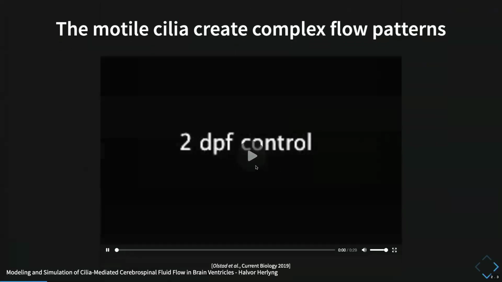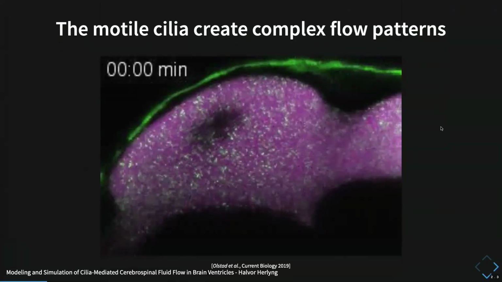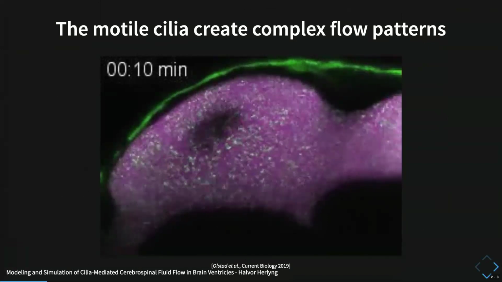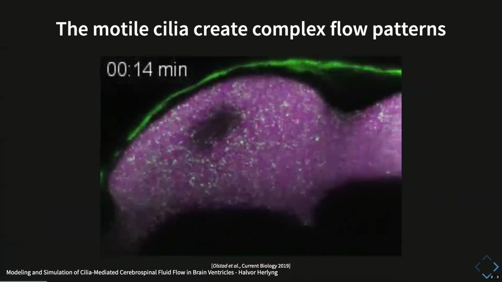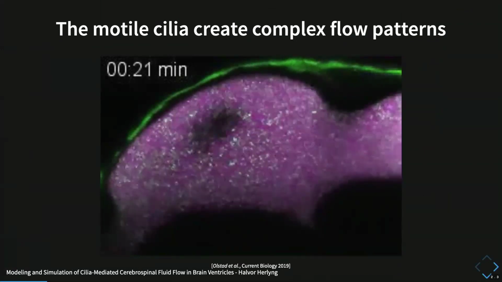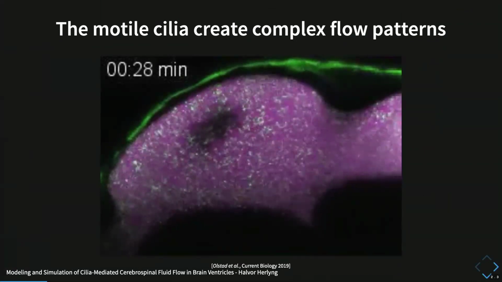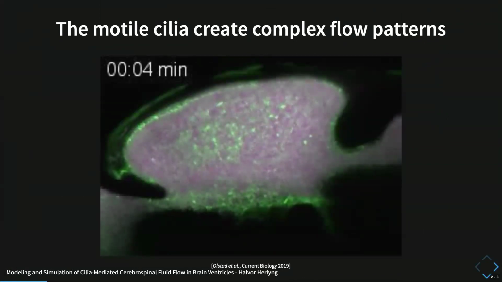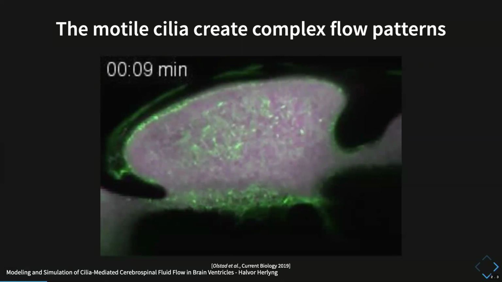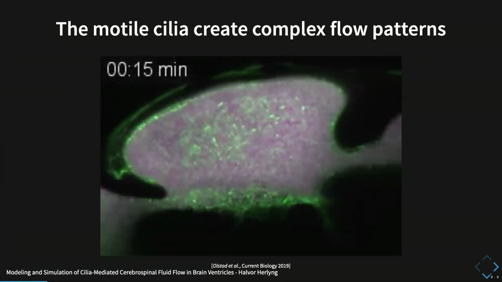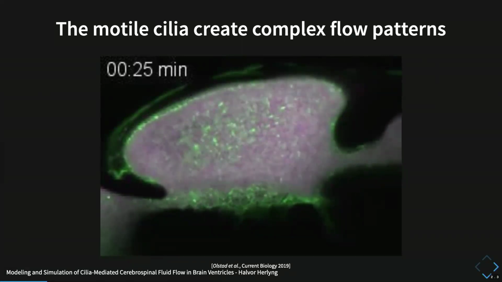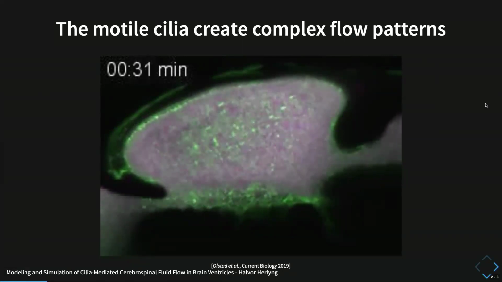What they also observed inside the same ventricles is this type of flow pattern, where you have some particles stained in a green color, and then the magenta is just what was there from before. So you can see, just to show the flow patterns more clearly, that there's this type of vortex or rotational flow pattern inside the brain ventricles.